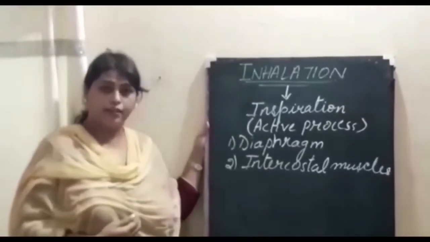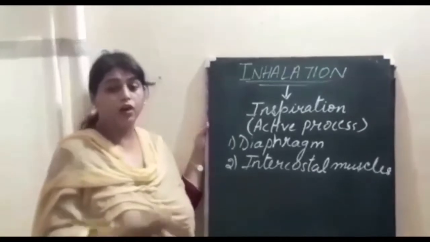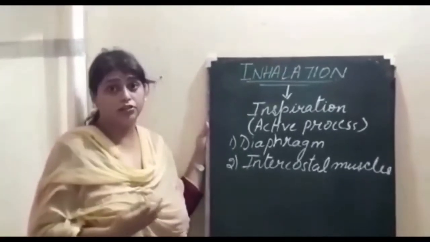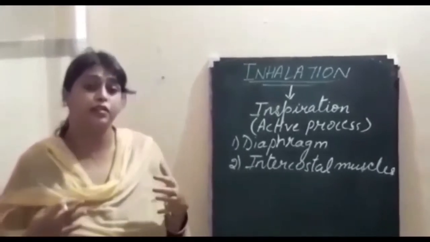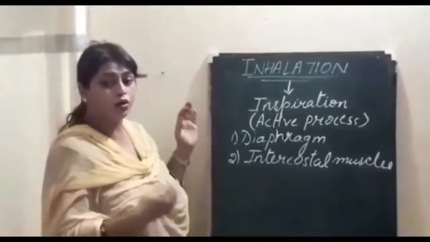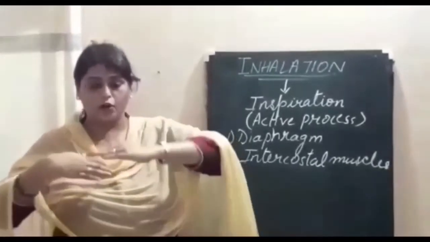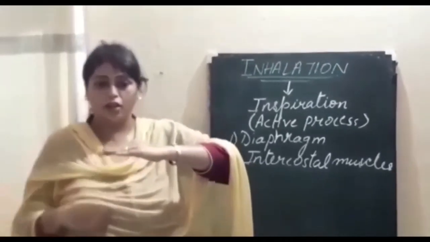Now in the thoracic cavity, we know that on the sides there are ribs, and we all have studied children that our lungs are protected with the ribs, and the lower side is the diaphragm. Now the ribs are like this, and in the lower side the diaphragm is located.